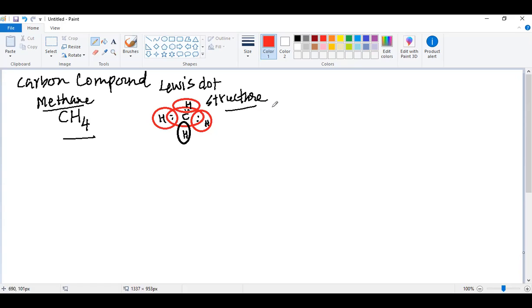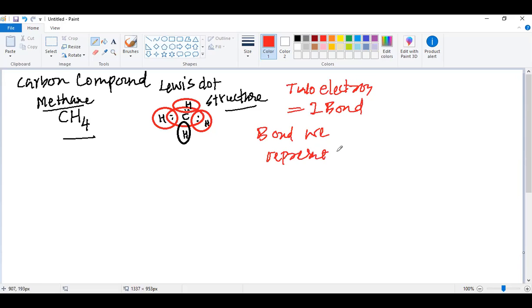That two electrons is equal to one bond, and a bond we represent with this. We can call it a hyphen or we can call it a dash. So the same methane molecule now we can represent in this manner.